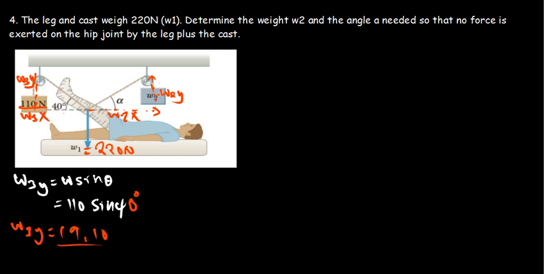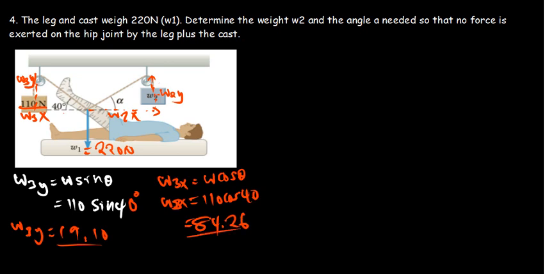What of W3x? It's going to be W cos theta, which is 110 cos 40. I'm getting 84.26.